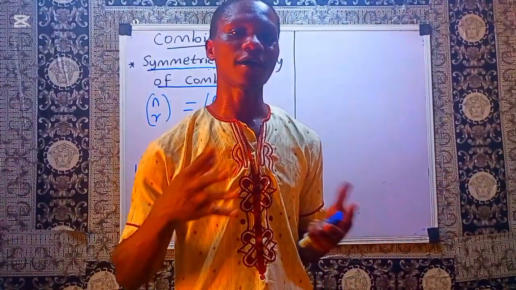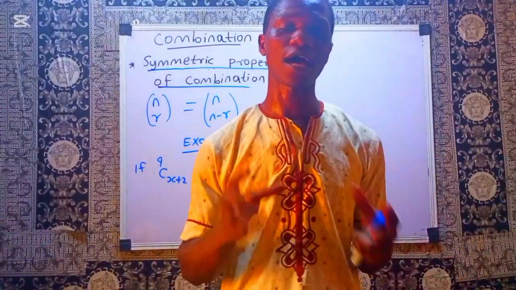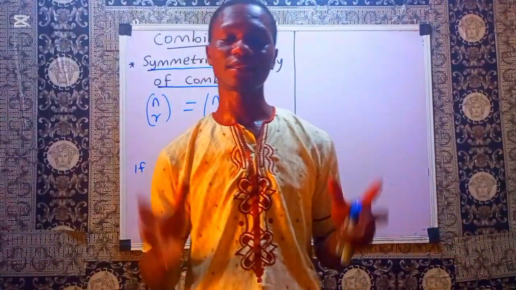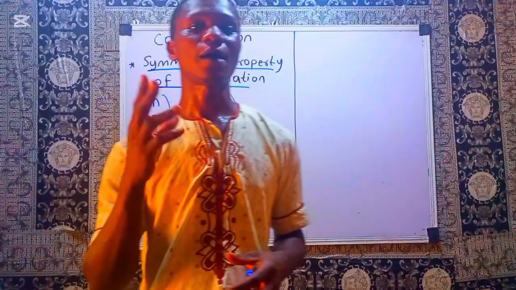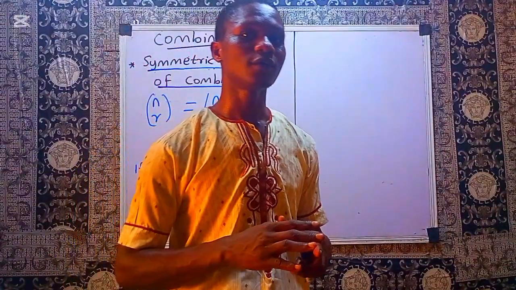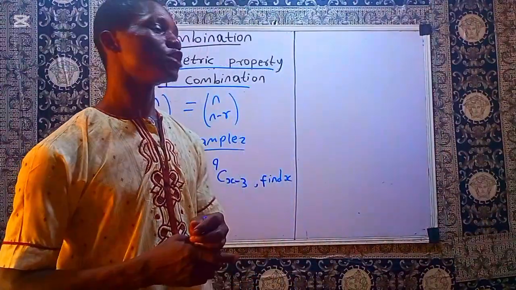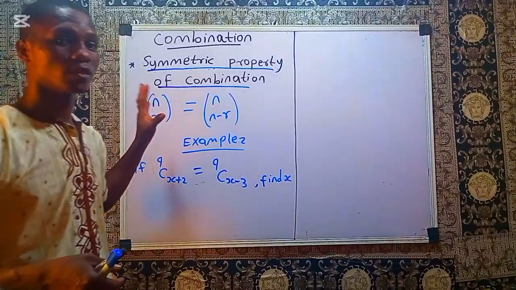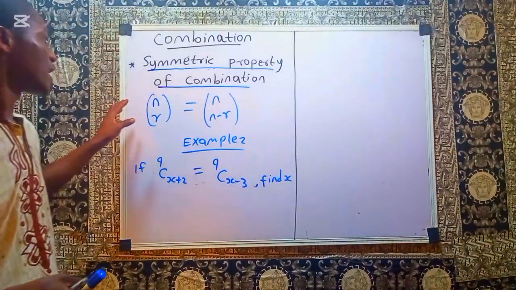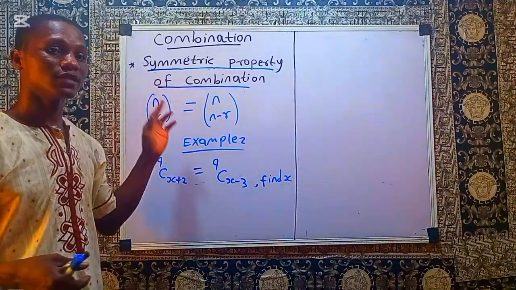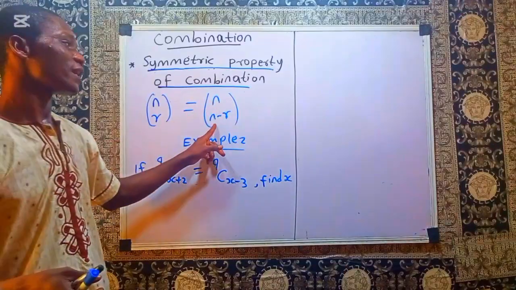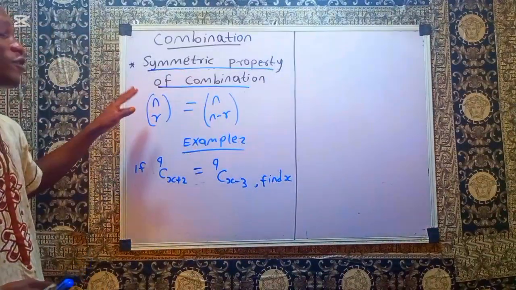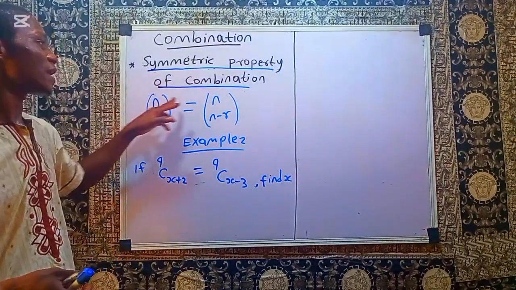Today we are continuing our study of combination, and in particular we are looking at the symmetric property of combination. In our previous class, I stated the symmetric property of combination, which is also written on the board here, that n combination r is equal to n combination n minus r. So if you observe, what you have up here must be the same.